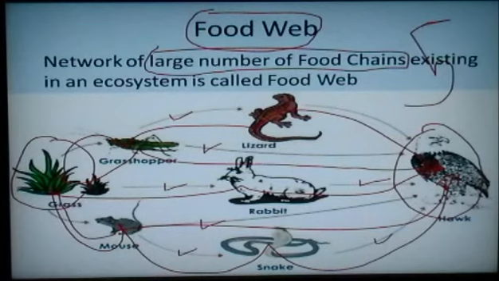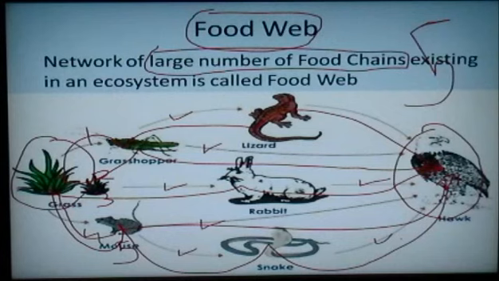So, in this food web, there exists a network of 5 food chains. The food web is very important as it provides alternate pathways of food availability. The greater the number of these alternate pathways, the more stable is the ecosystem.